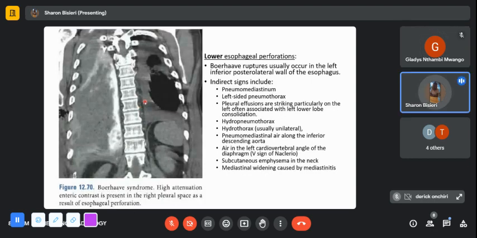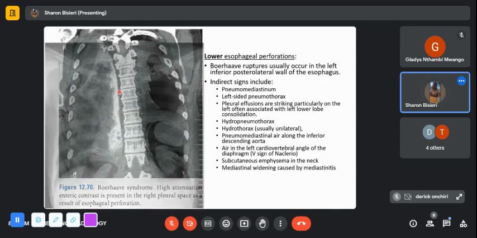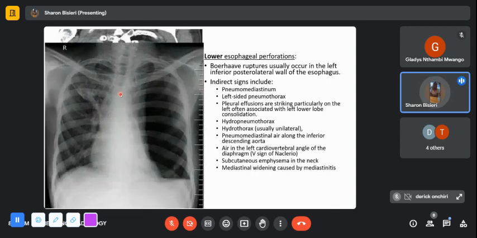So this is the same patient with Boerhaave syndrome. And in this coronal reformat, we can see there's extravasation of contrast into the right hemithorax. So this is also indicative of an esophageal tear. This patient was given oral contrast. So in this next radiograph, we can pick a couple of signs also.